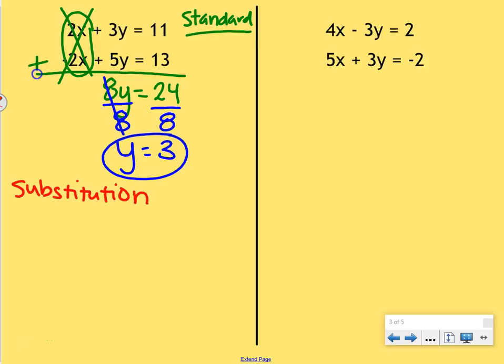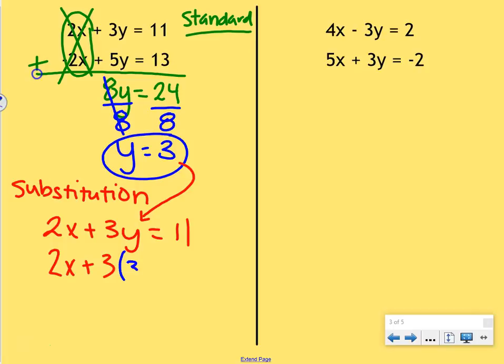Pick an equation from the top. I'm going to take the first equation, 2x plus 3y equals 11. Now make that substitution for y. We're going to say 2x plus 3, now instead of y, we're putting in 3, equals 11. 2x plus 3 times 3 is 9 equals 11.